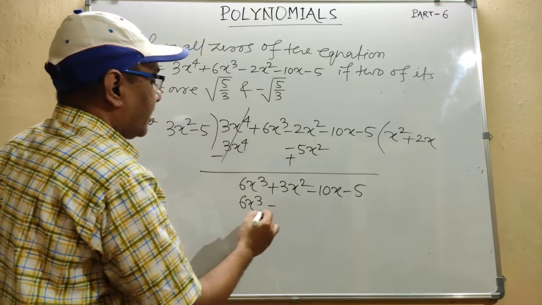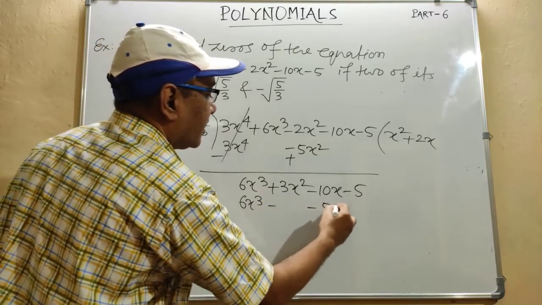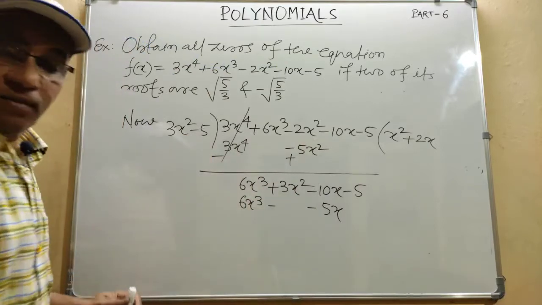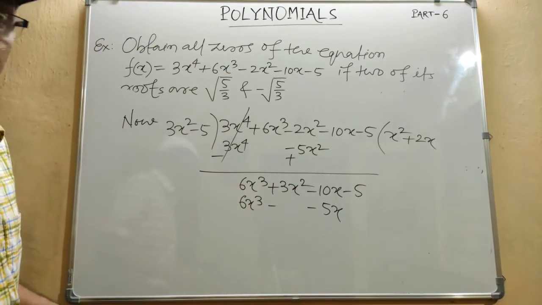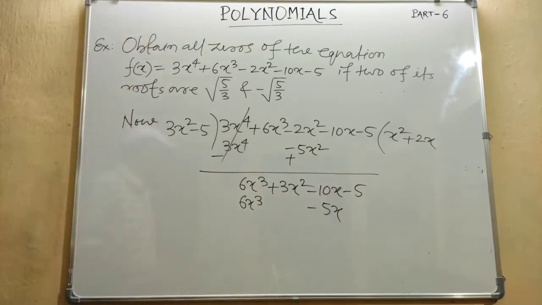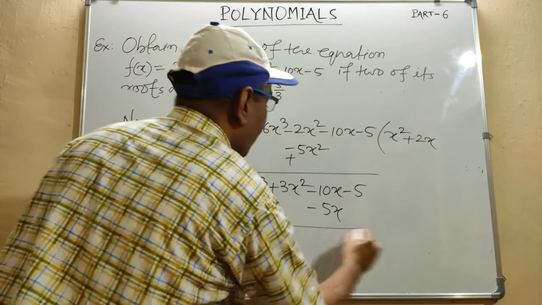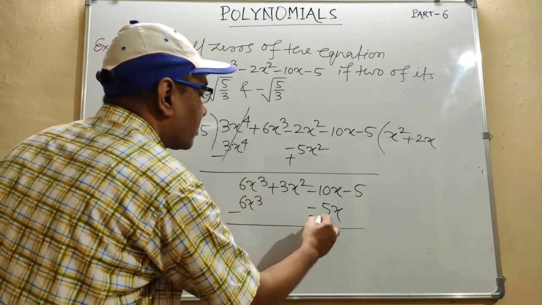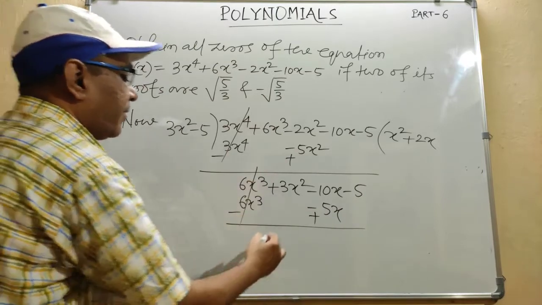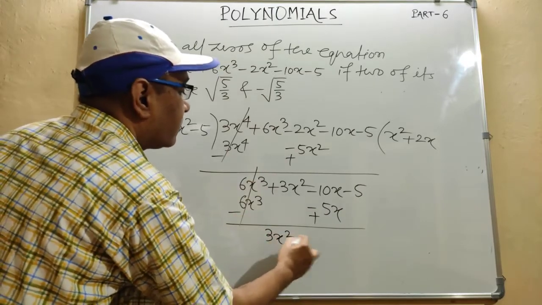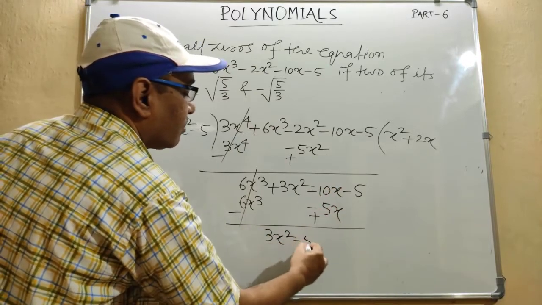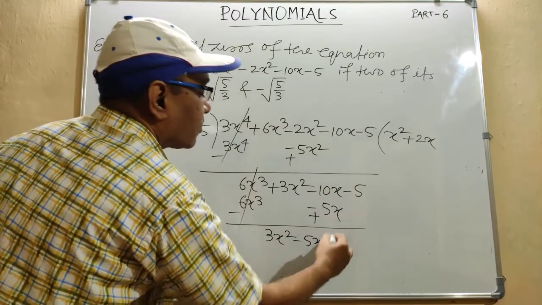So minus 5x, we write minus 5x here, under the term containing x. x वाले term के नीचे लिखेंगे. Now subtracting, this becomes minus, this minus will become plus. After changing the sign, we add. This is minus 10x plus 5x. So minus 5x, and this will come.